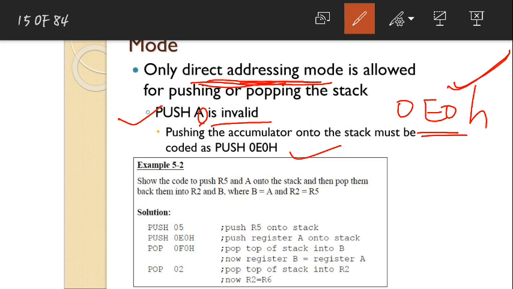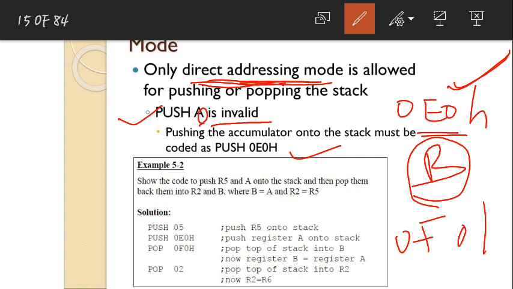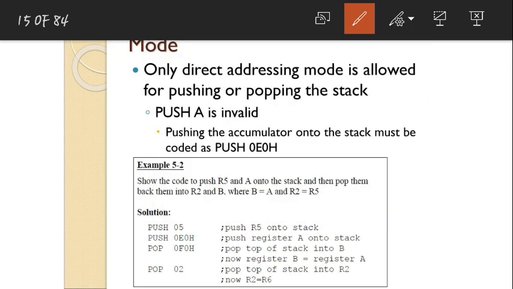I can't write A. If I want to push another register, for example B, onto the stack, I can't use push B, that will be invalid. Instead I can use push 0F0H, then this is valid. So whatever I take, I should always use a direct address. Is that fine?